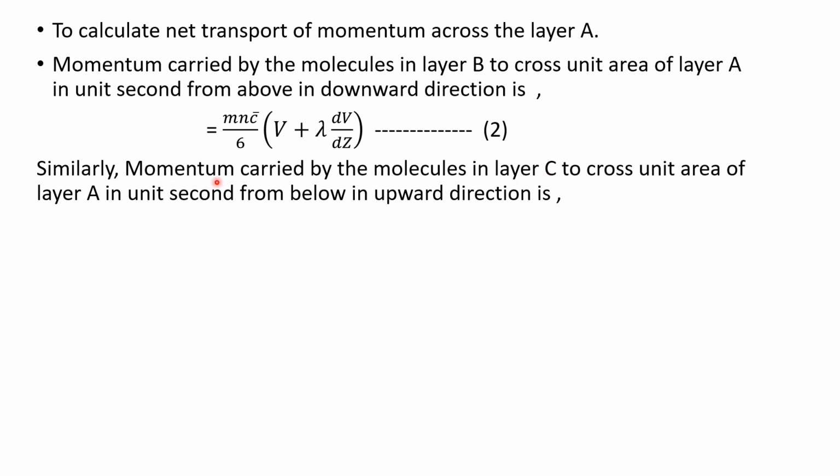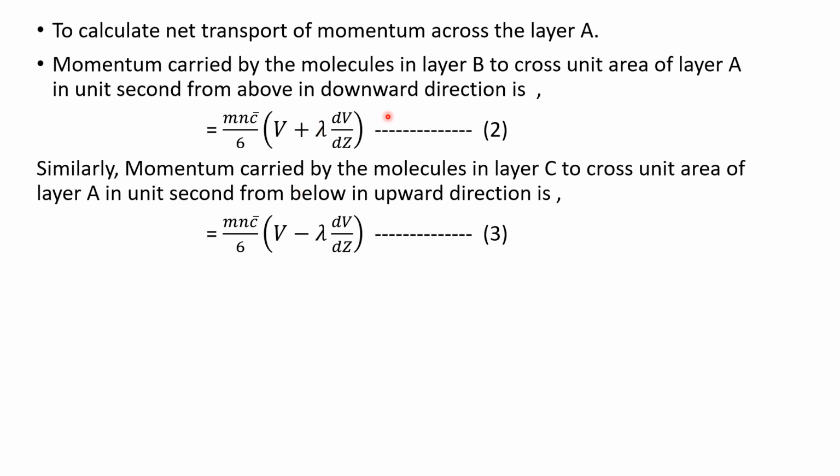The total term is momentum. In the equation we write it as mass into velocity multiplied by number of molecules: m n c bar by 6 into v minus lambda dv by dz, where v minus lambda dv by dz is the velocity of the molecule in the layer C. They cross the unit area of the layer A in the upward direction. Hence, it is represented by equation 3.